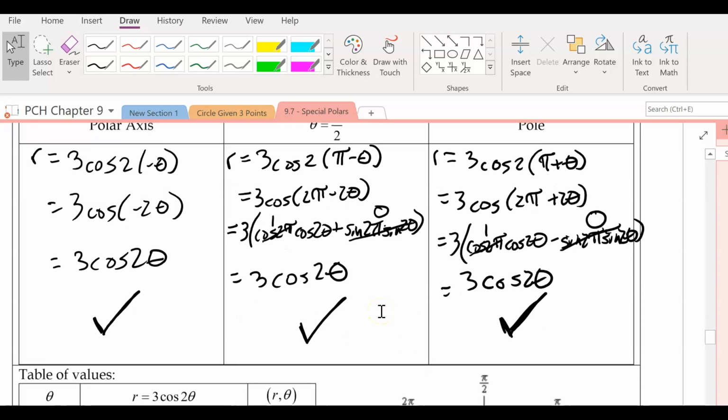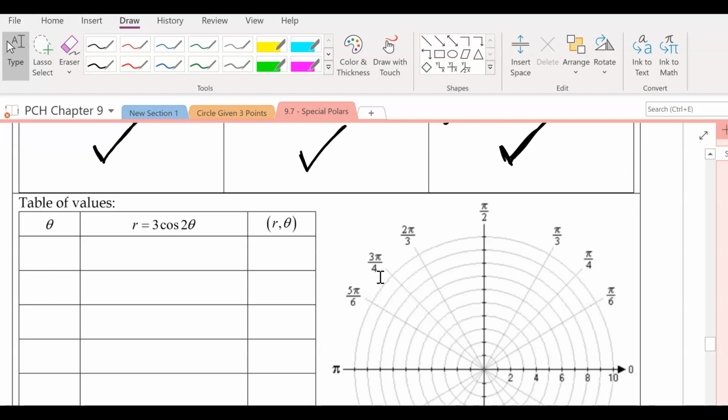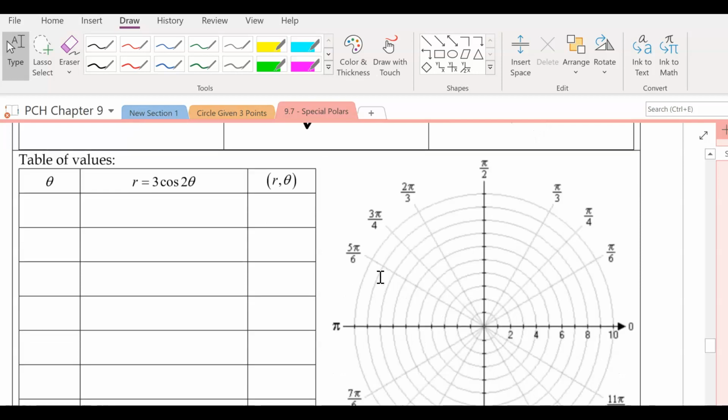And again, we know it's going to look like a rose since it has all kinds of symmetry. I'm going to start by just graphing some points from 0 to pi over 2, because any points that I graph, we know we can reflect them over the polar axis, we can reflect them over theta equals pi over 2, we can rotate them 180 degrees because it has all types of symmetry.